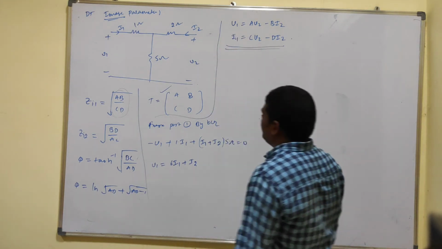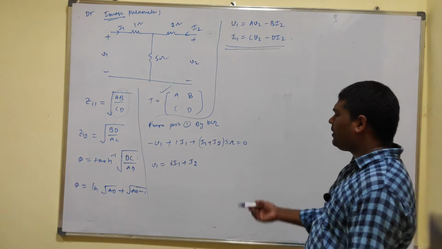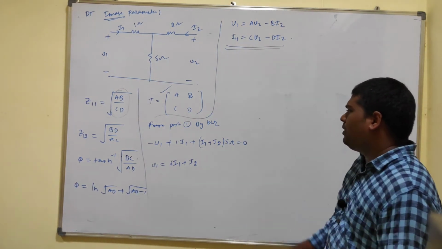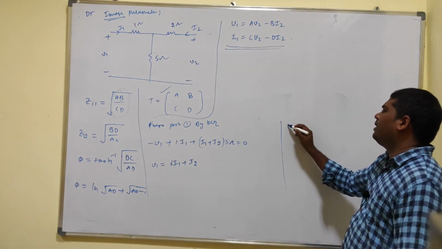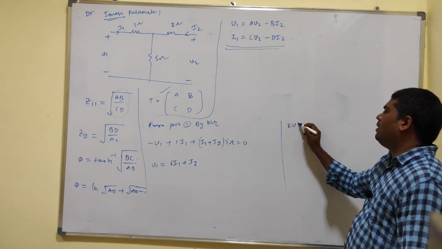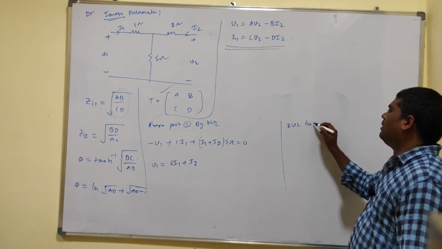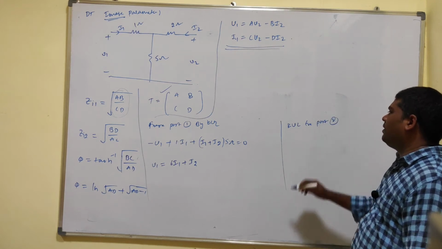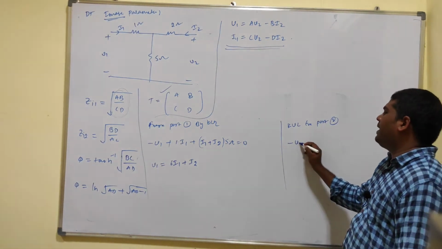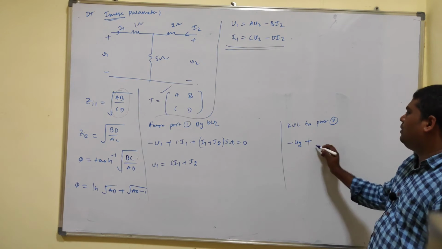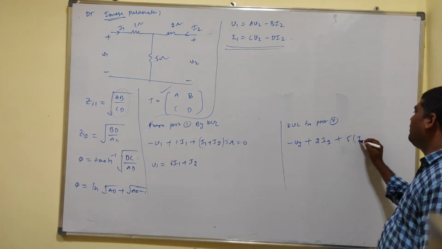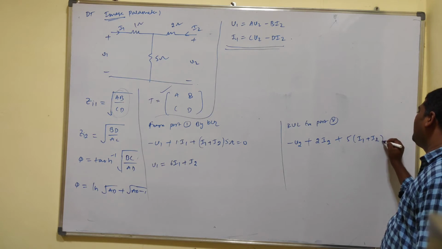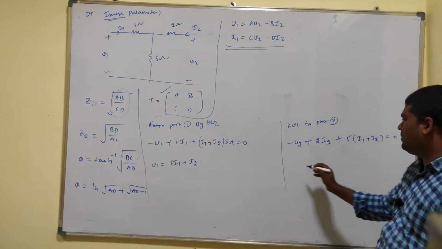So first you need to find the I1 value, and then I2. Here you can apply KVL for port 2. Then you get: minus V2 plus 2I2 plus 5 into I1 plus I2 equals 0.